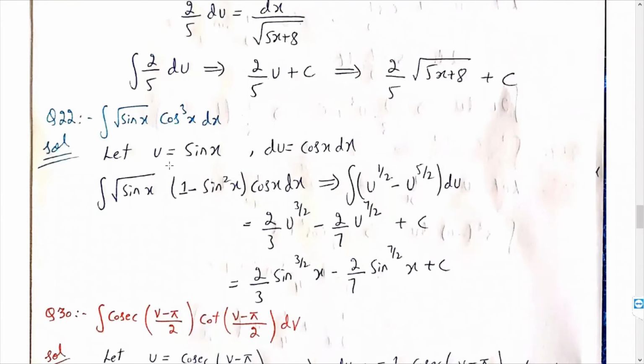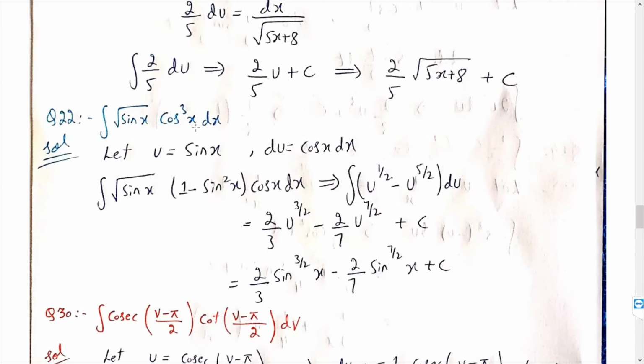Moving towards question number 22, integral under the radical sine x into cos cube x dx. Let u equal sine x. When you take the derivative of this expression, you get du equals cos x dx. Cos x dx is part of the integrand. That means this is fine. So what I'll do is, instead of cos cube x, I can write cos square x into cos x.